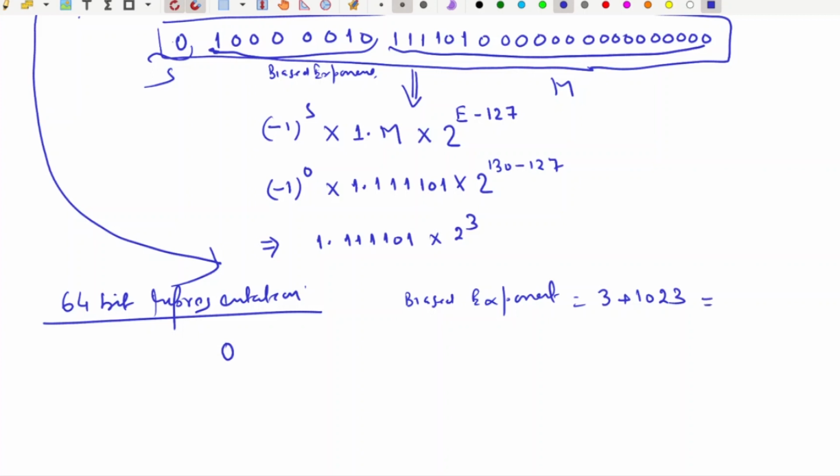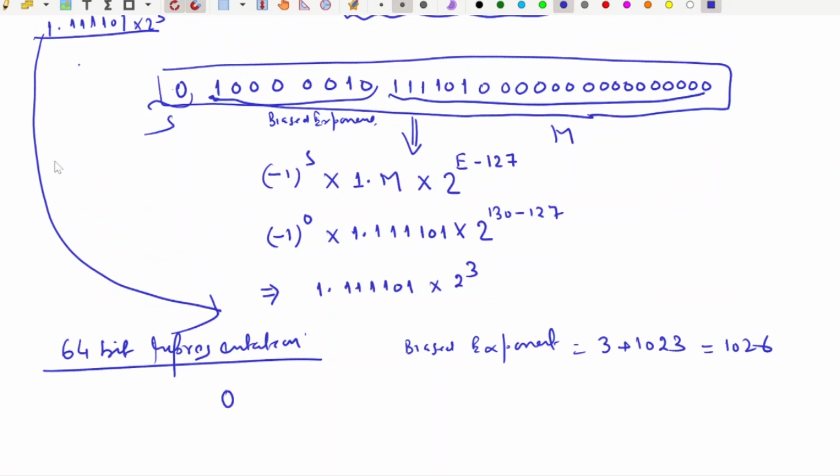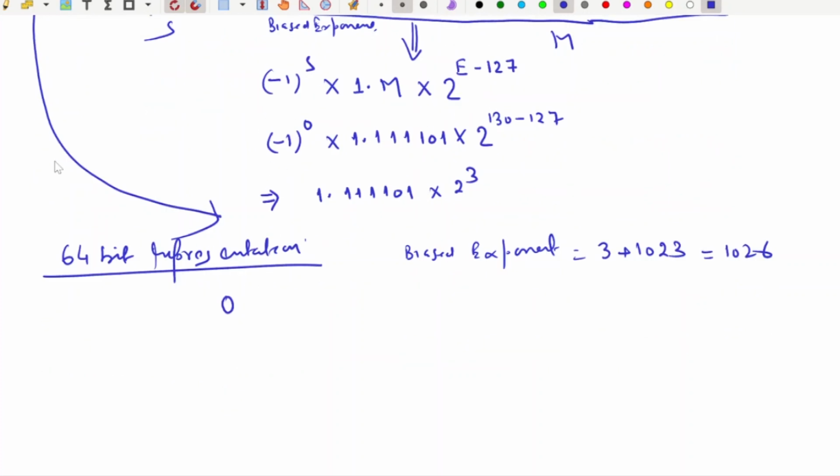This means 1026 here. And how do we represent the biased exponent? Generally, in double precision, 11 bits are used to represent a biased exponent. This means the weights are 2 to the power 0, 1, 2, 3, 4, 5, 6, 7, 8, 9, 10.